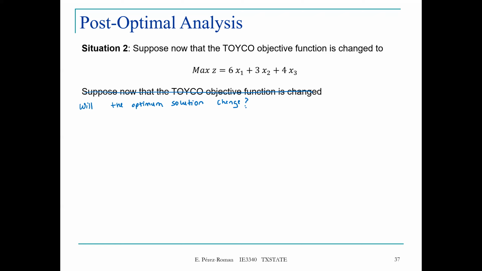We are going to follow the same process as we did in the previous example. We have y1, y2, which are the dual variables that we are going to compute based on the optimal solution for the primal. So we follow the same process.